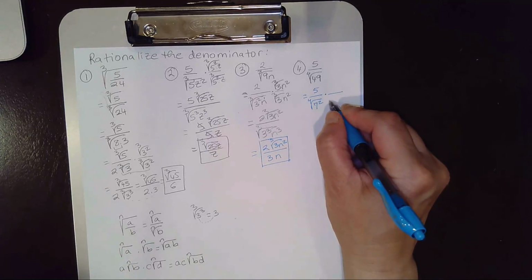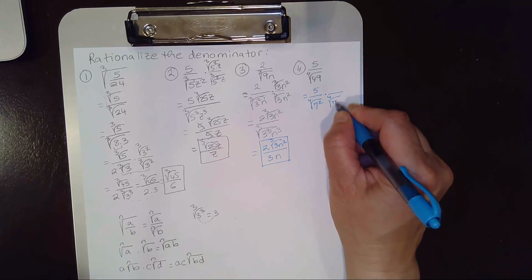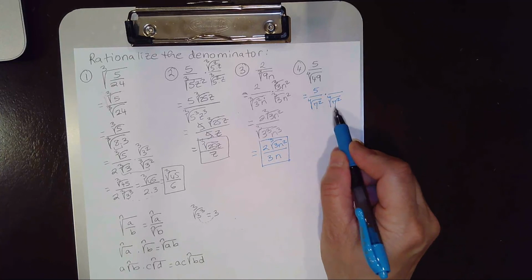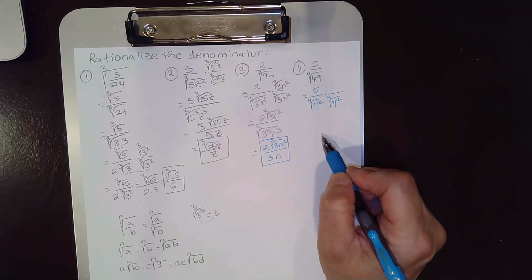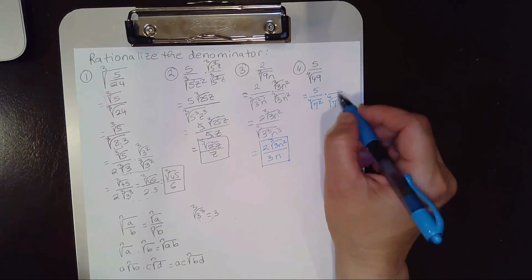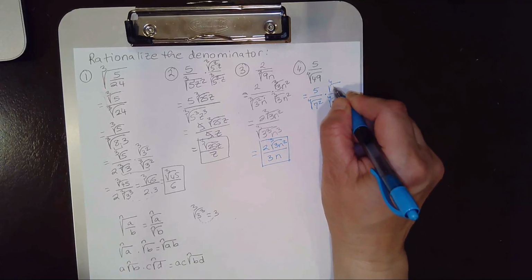For you to rationalize it, something has to be raised to the 4th power inside the radical. So if I multiply the denominator by 7 squared, I would get 4th root of 7 squared times 7 squared, or 4th root of 7 raised to the 4th power. So this is what we wanted. Again, whatever you multiply by the denominator, you have to multiply by the numerator.